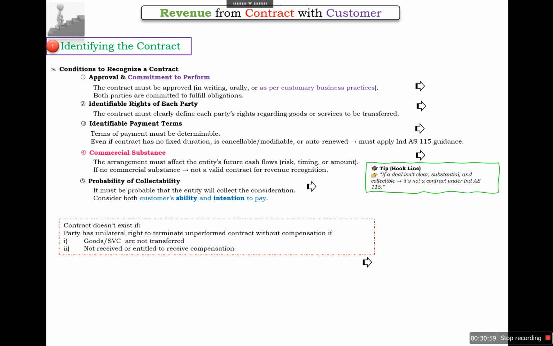For example, I have done a booking on makemytrip.com for a 5 day stay, but I have the right to cancel the deal without paying any compensation. In that case, the hotel cannot recognize revenue because I have a unilateral right to terminate the contract. The hook is that if one side can walk away free, nothing is delivered and nothing is owed. It is not a contract as per Ind AS 115.